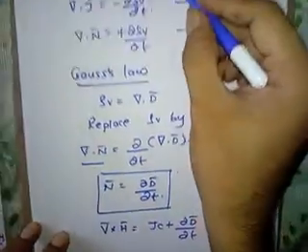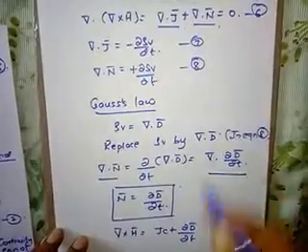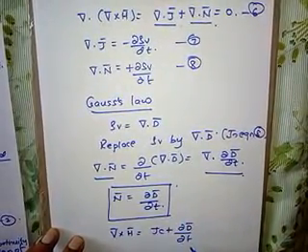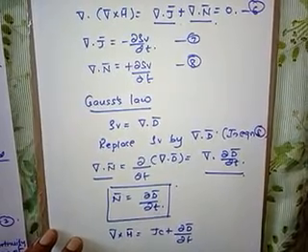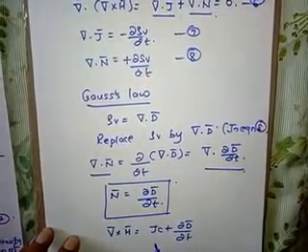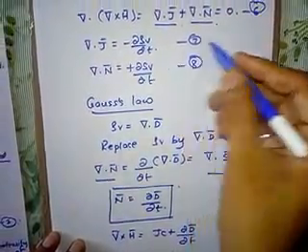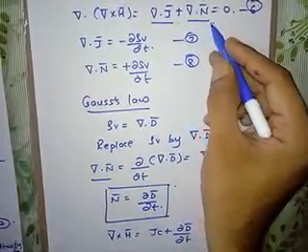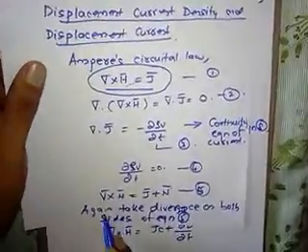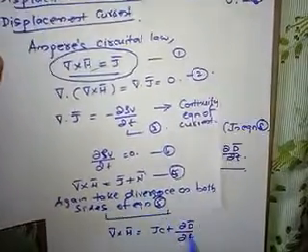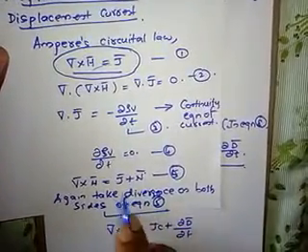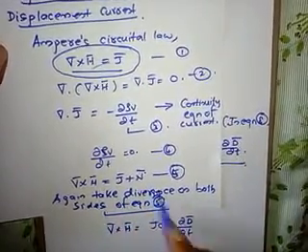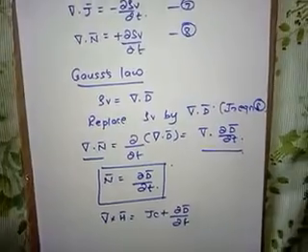So in equation 5, del cross h bar is equal to j bar plus n bar. Now j is modified for the varying fields, so it is jc plus n bar, that is dou d bar by dou t, correct.